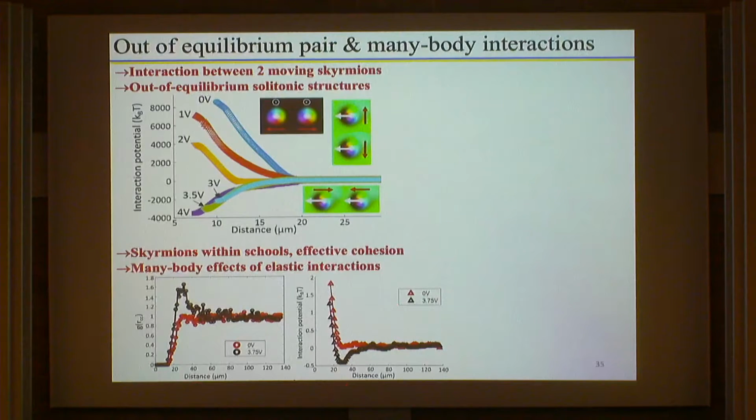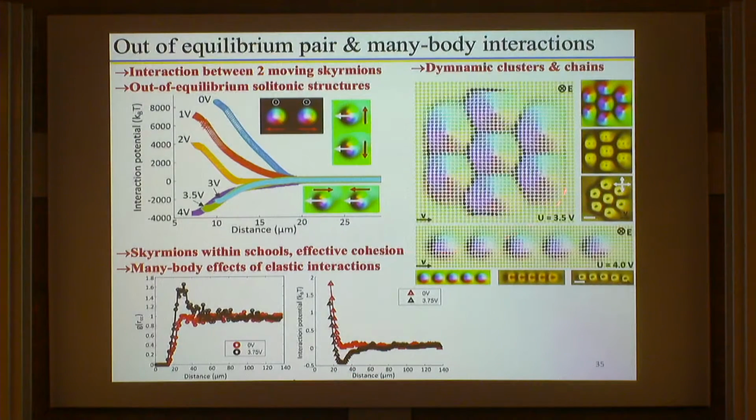But even richer behavior is established when we go from a few skyrmions. So all this data on interaction pair potential has been established for just two moving skyrmions. However, if we have many of them, we can see that they develop a certain type of cohesion within the large schools of skyrmions, which is manifested in here by the deep many-body interaction potential.